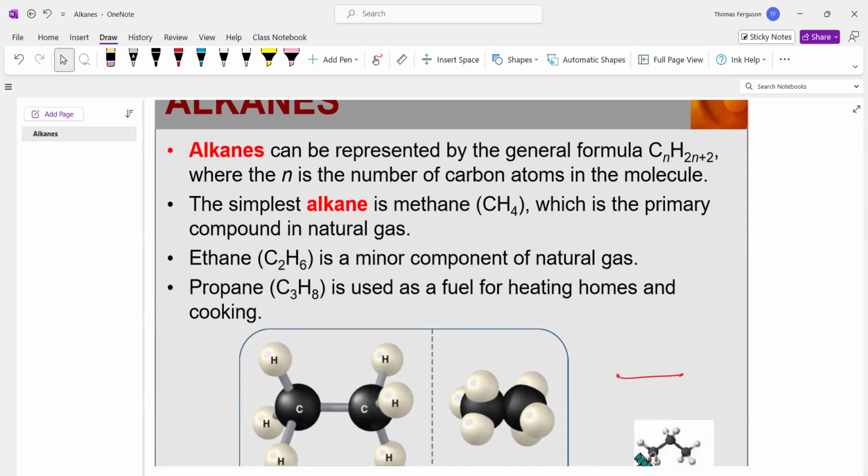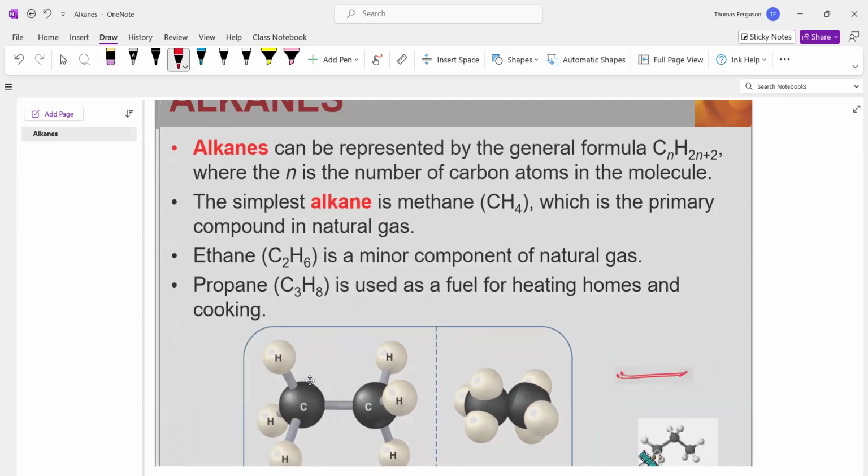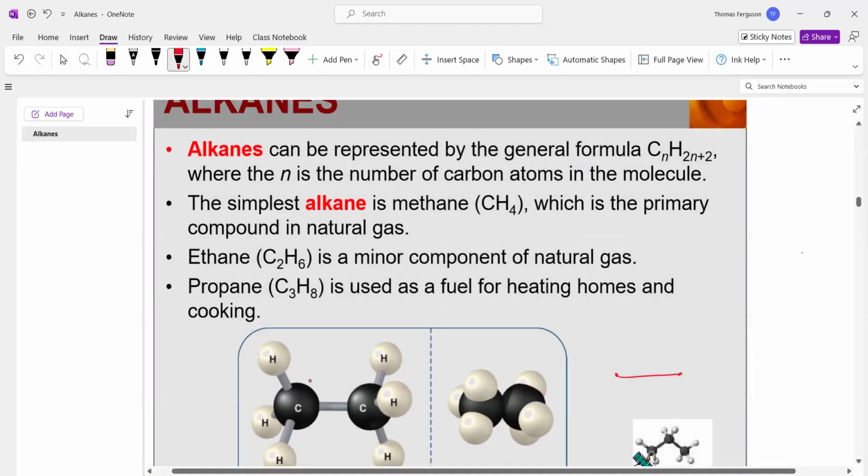There's a formula for, actually, there are two formulas for alkanes. One is this one here. And then there's another one that's in a ring configuration, and that's that without the +2.